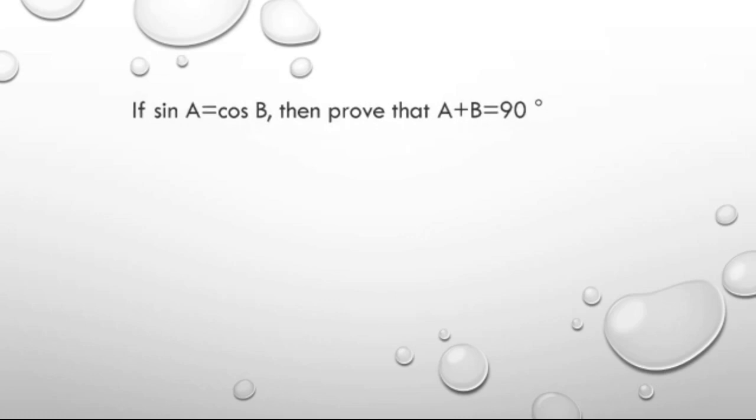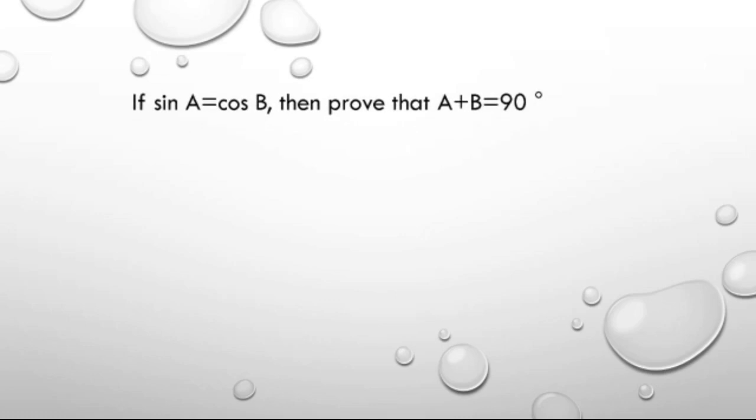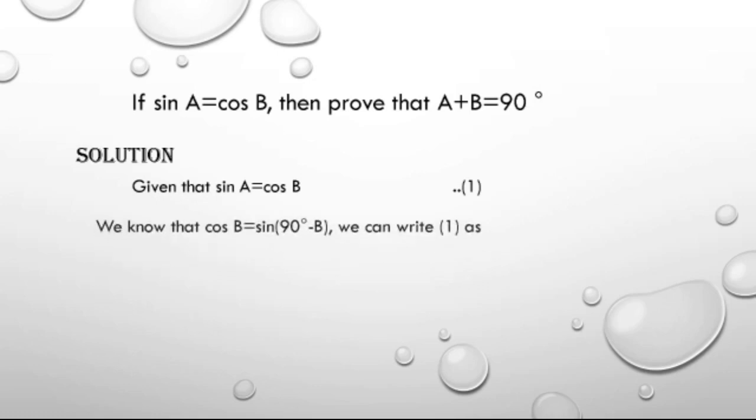If sin A is equal to cos B, then prove that A plus B equal to 90 degrees. Solution. Given that sin A equal to cos B, this is the first equation. But we know that cos B equal to sin(90 minus B).